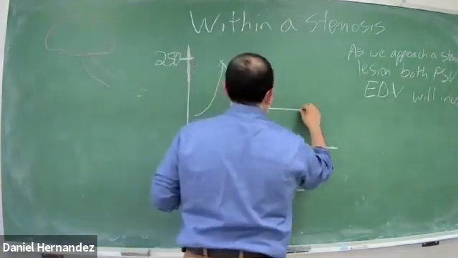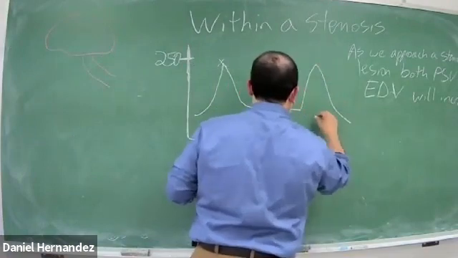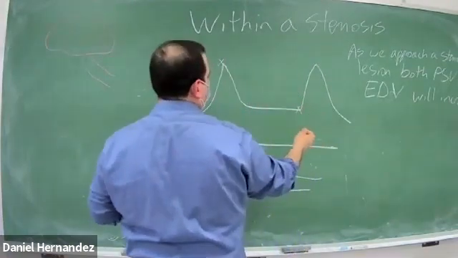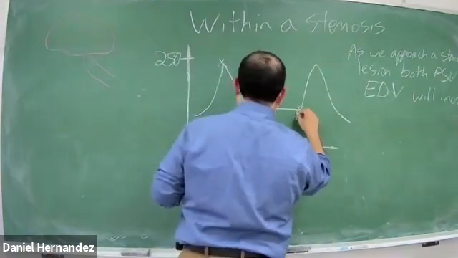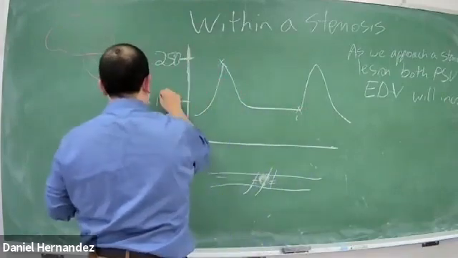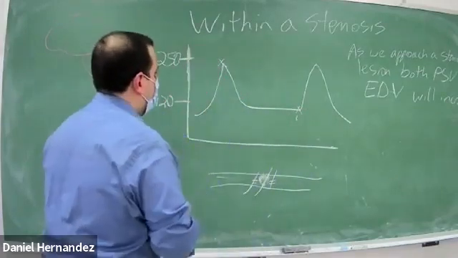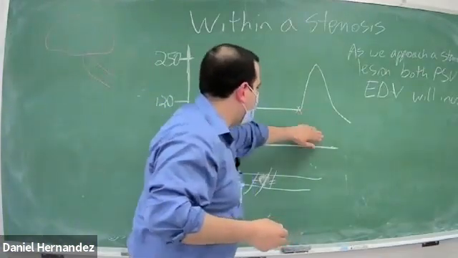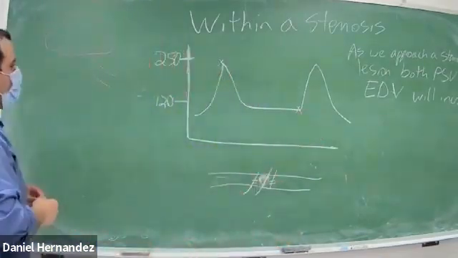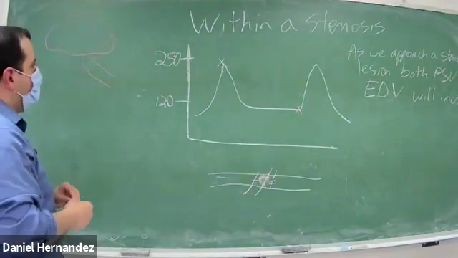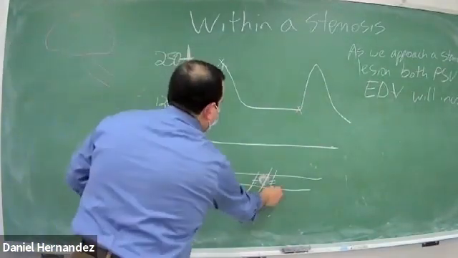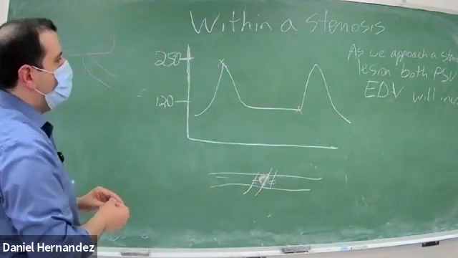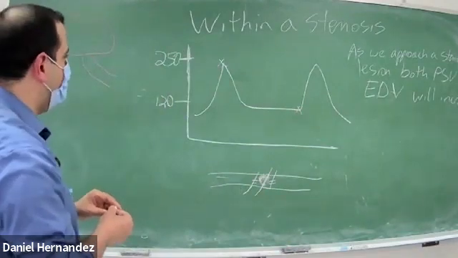We can say our end diastolic velocity could be, we'll make it 120. That would also fulfill the criteria of an end diastolic velocity over 100. So just before the stenotic lesion, we start to see increases in both the peak systolic and end diastolic velocities.